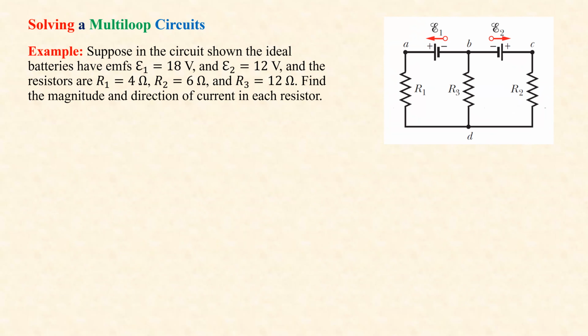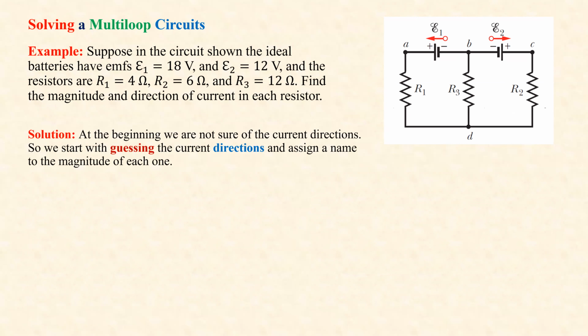All right, so we said that the potential differences when you want to write the Kirchhoff rule depend on the direction of current, and we don't know the direction of current. What do we do? At the beginning, we are not sure of the current directions, all right? So we start with guessing the current directions and assign a name to the magnitude of each current. So this is a complete guess. It can be wrong.